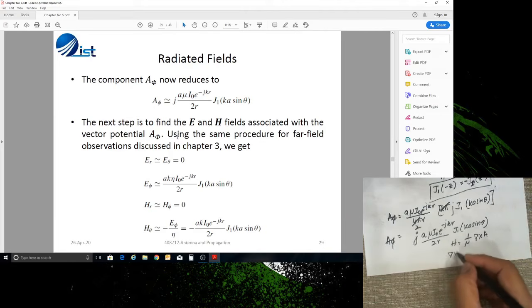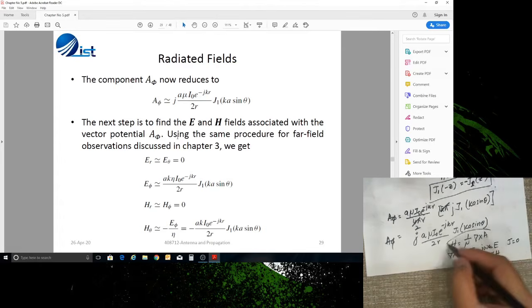That was the curl of H is equal to J plus j omega epsilon E, and from that we put J is equal to 0 in this. हम पहले भी देख चुके हैं. So in this particular case your E will be equal to 1 upon j omega permittivity times curl of H.